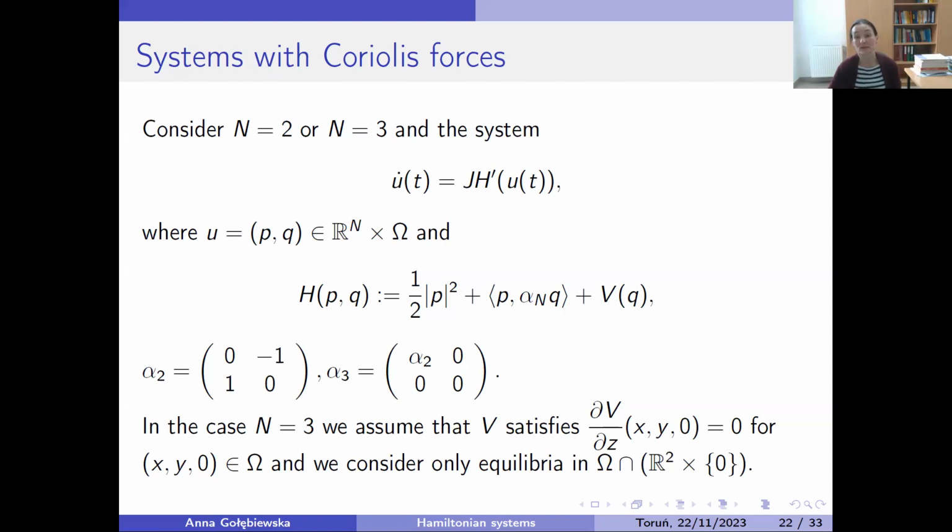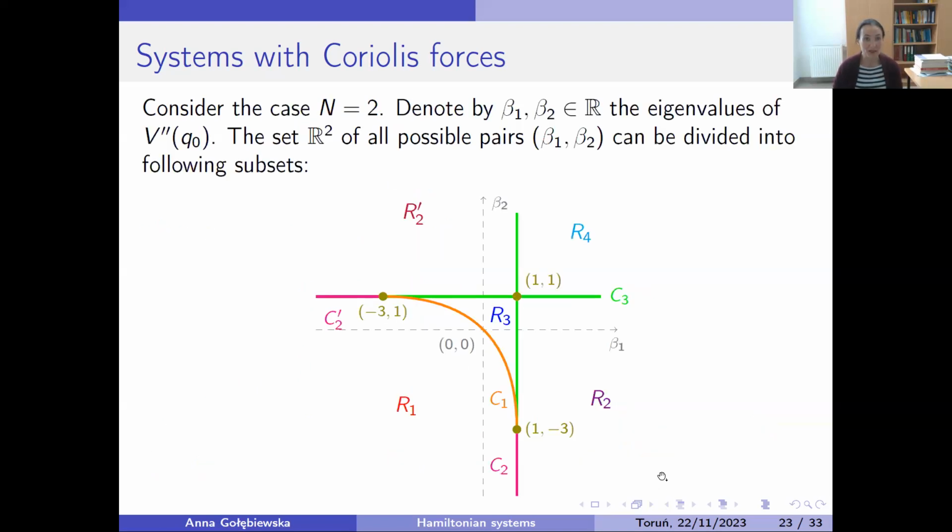But in the three-dimensional case, which will be called the spatial case, this matrix alpha comes from the planar case. So additionally for N equal 3, we assume that V in the neighborhood of some plane satisfies the following: the partial derivative at points on the plane is 0. And we consider only equilibria on some given plane. So let me start with the case n equal 2.